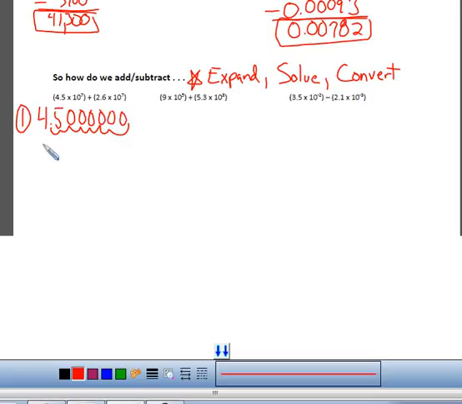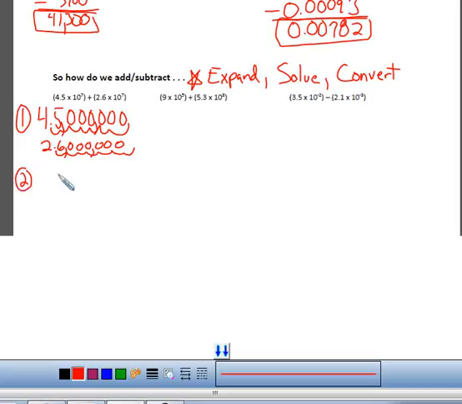Then I have 2.6, again, times 10 to the 7th, so 1, 2, 3, 4, 5, 6, 7, or add 6 zeros. Now, I think with this, it's really important that you put your commas in every third number, because then that helps you line up your decimals all real nice and easy.